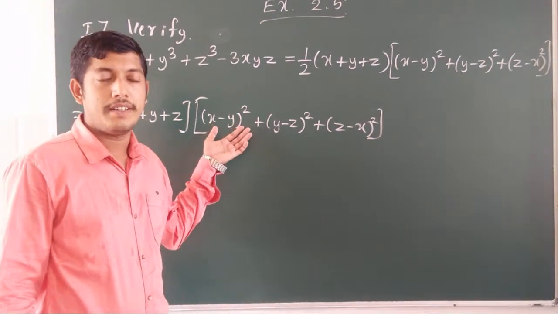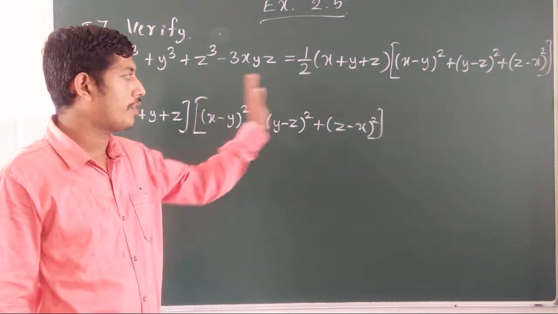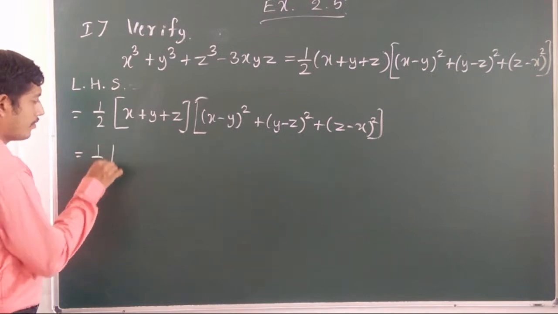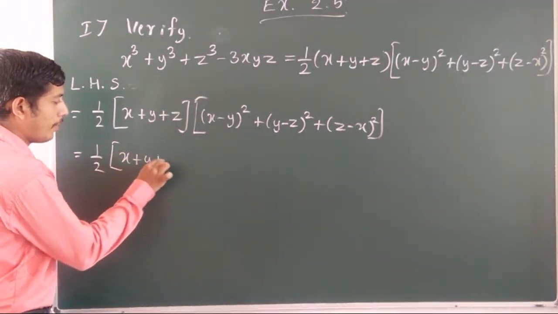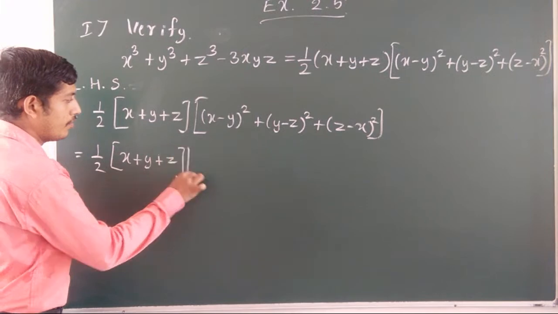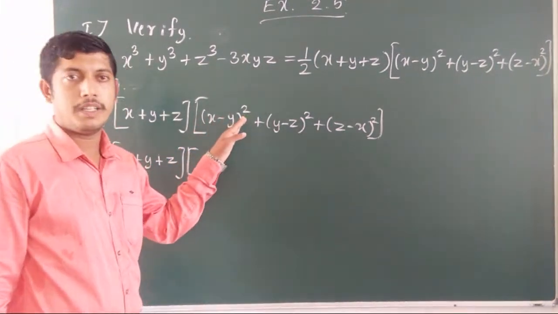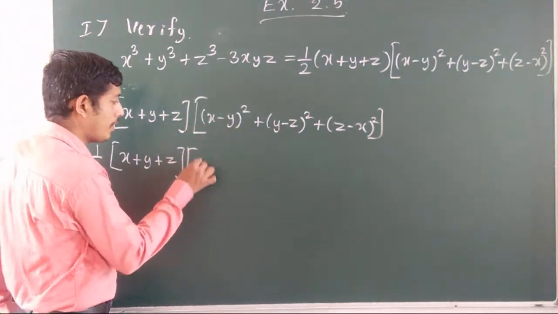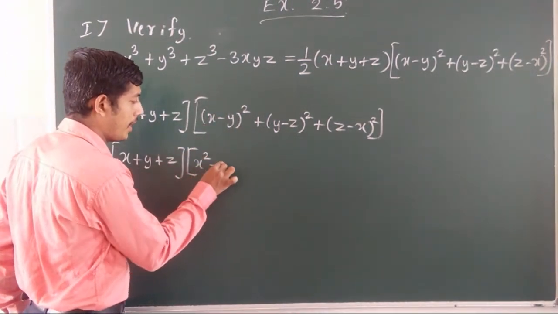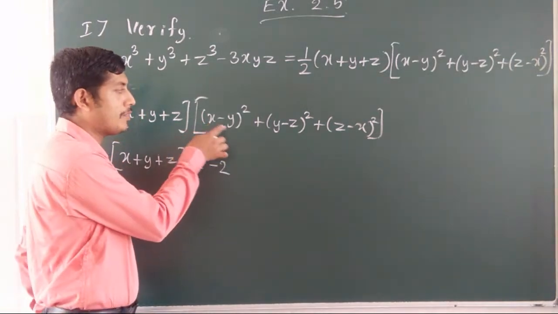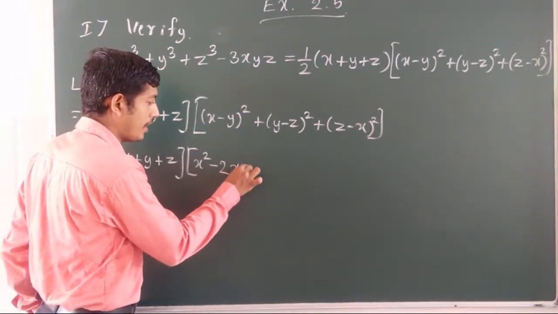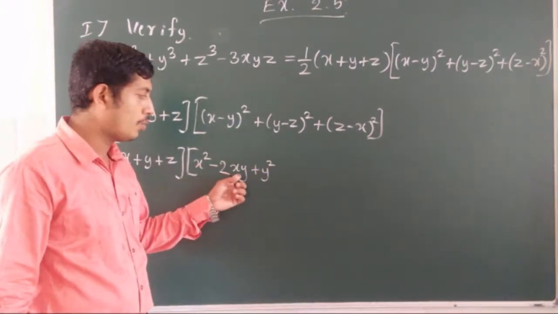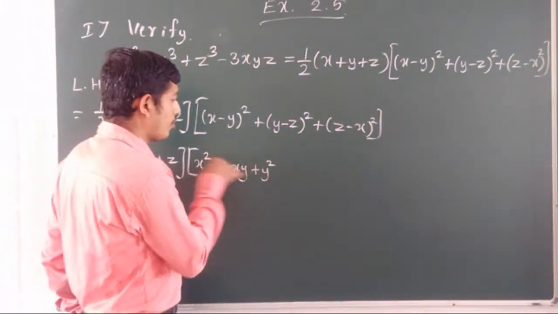Now I will use the identity (a minus b) whole square for the inner terms. That equals half into (x plus y plus z) into (a square minus 2ab plus b square). So it becomes x square minus 2ab, where a value is x and b value is y, therefore it becomes xy, plus y square. This is about the first term.